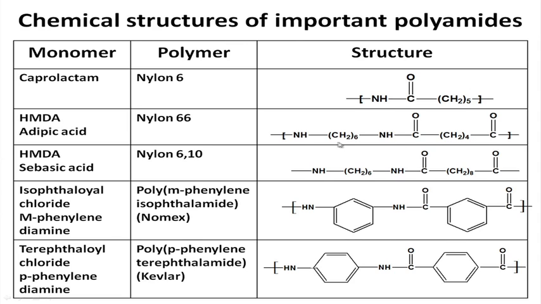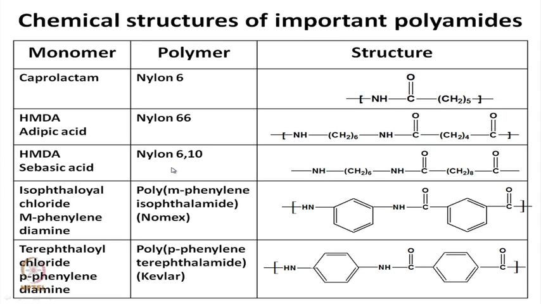Here in the amine part 6 methylene units are there. In each methylene unit there is one carbon, and in the acid part there are 4 methylene units. Each methylene unit contains 1 carbon and 2 carbons are present in the acid groups. So, this way it forms the nylon 6,6 and this nomenclature is given as nylon 6,6.